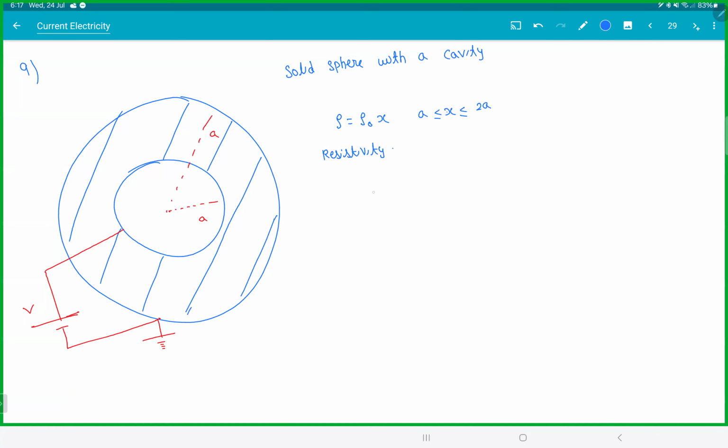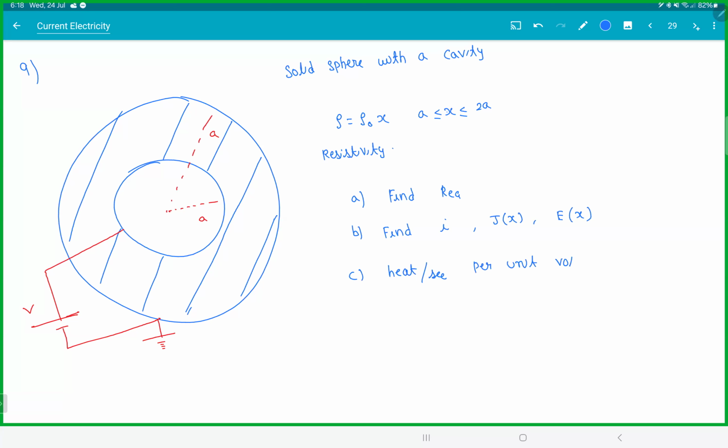This would be a good advanced paragraph question. Find R equivalent. Find I. Find the current density as a function of x. Find the electric field as a function of x. Find heat produced per second per unit volume.